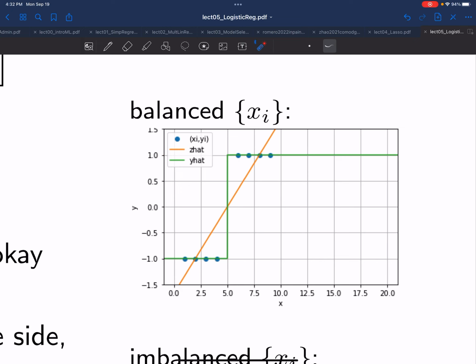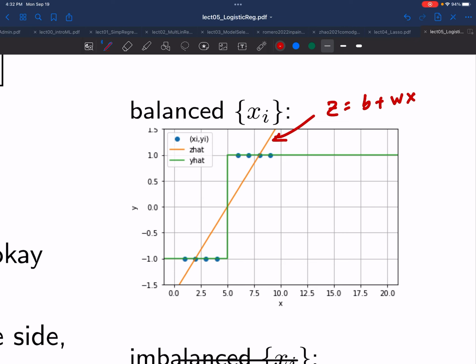And so if we fit least squares linear regression, we would get this prediction. We used to call it y hat, but now we're going to call it z. Or here it says z hat, but basically it's like our z. So that's our linear function of x. You could say it's like b plus w x for the least squares b and w.